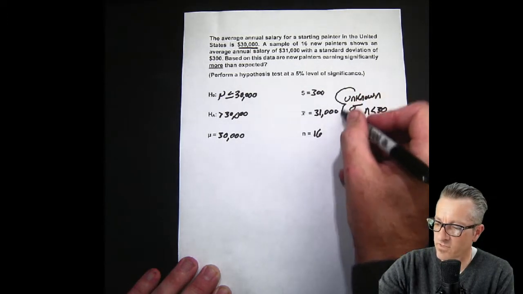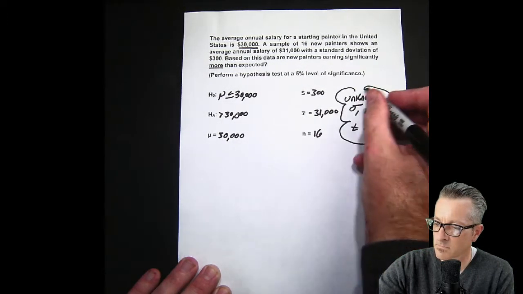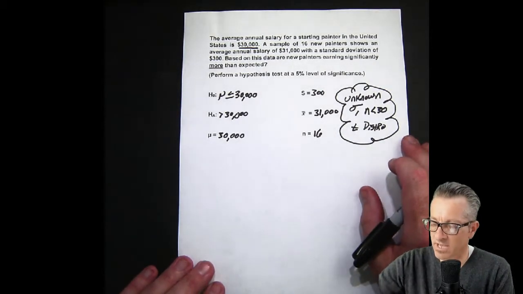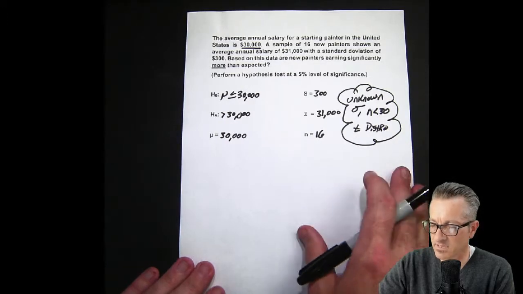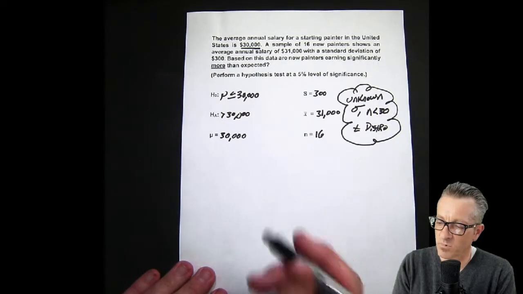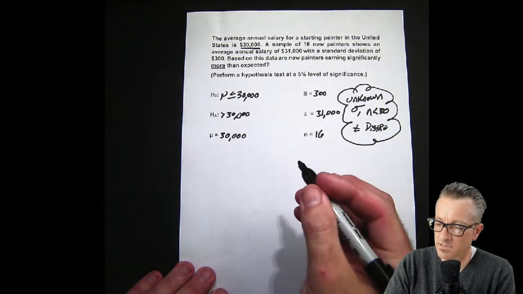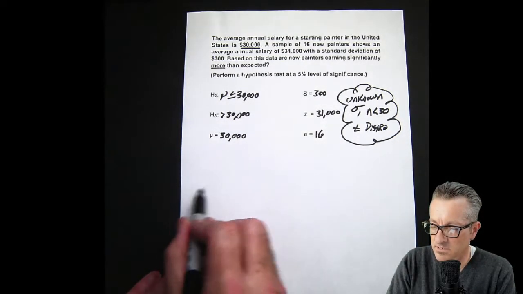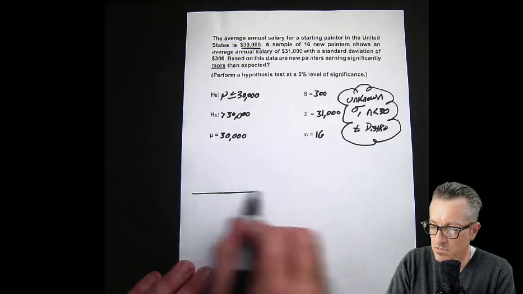It's appropriate for this. Now, I used to think that the t-distribution was a little bit more complicated than the z, but I actually think it's easier using the rejection method. It's really easy. Okay, let's draw out our hypothesis distribution picture.